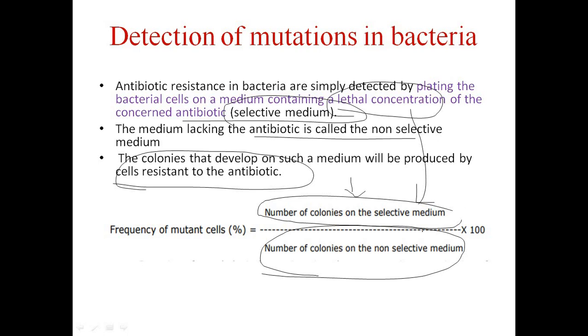When we multiply it by 100, we get the frequency of mutant cells in the bacteria.